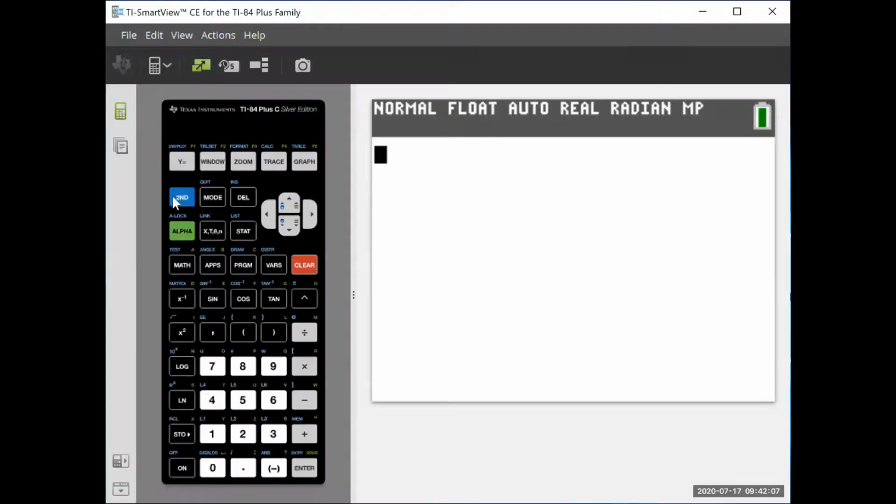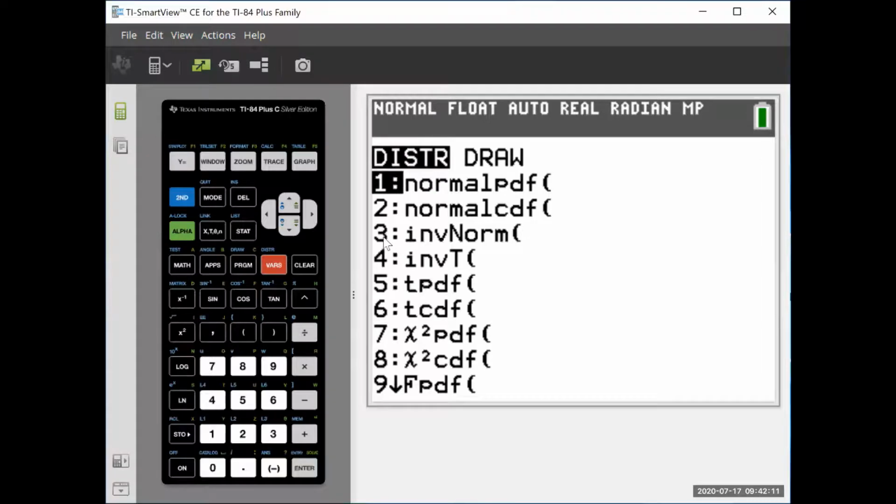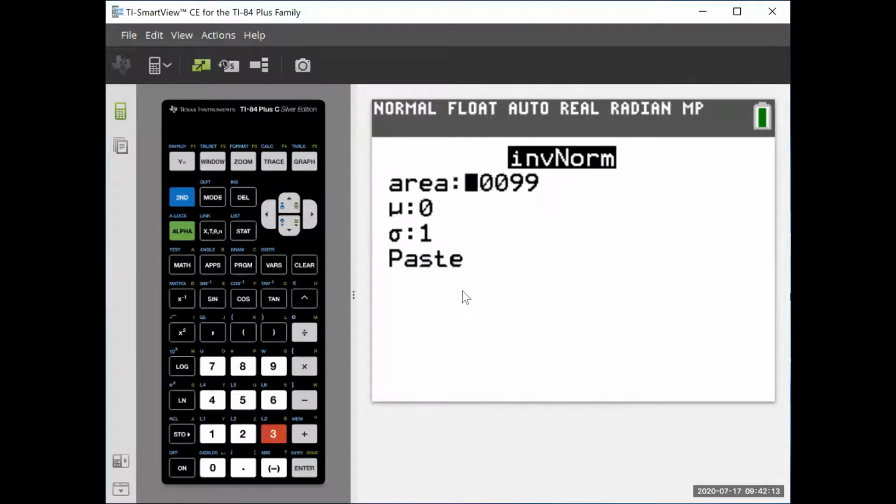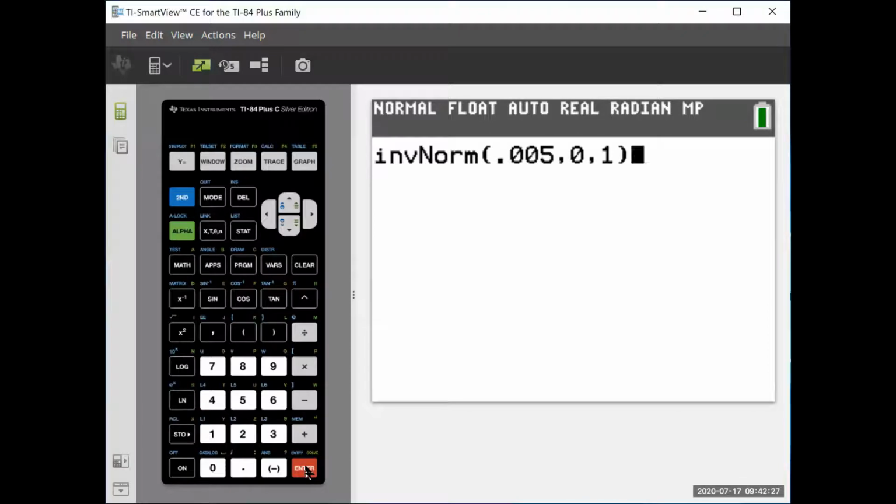In the TI-84 calculator, you go to second and then vars, the number 3, where it says inverse normal. So you put the area here, which is 0.005. Your mean is 0. Standard deviation is 1. Then paste it. This is just like the way we have written on our paper. And when we hit enter, we are expecting a negative value.